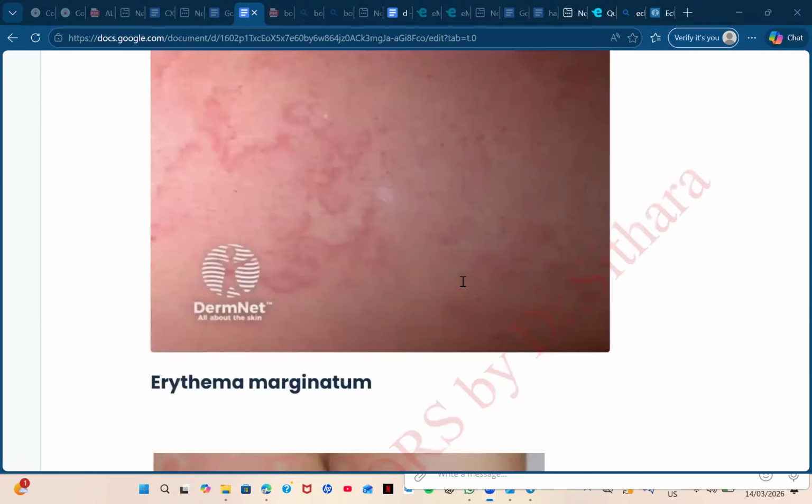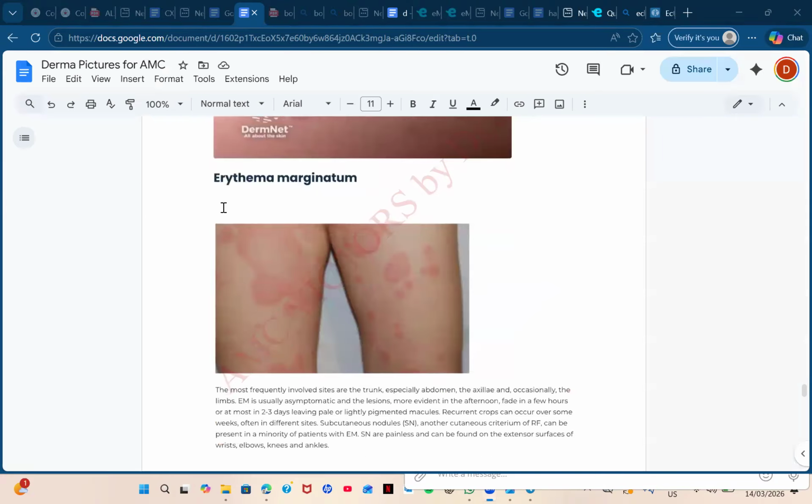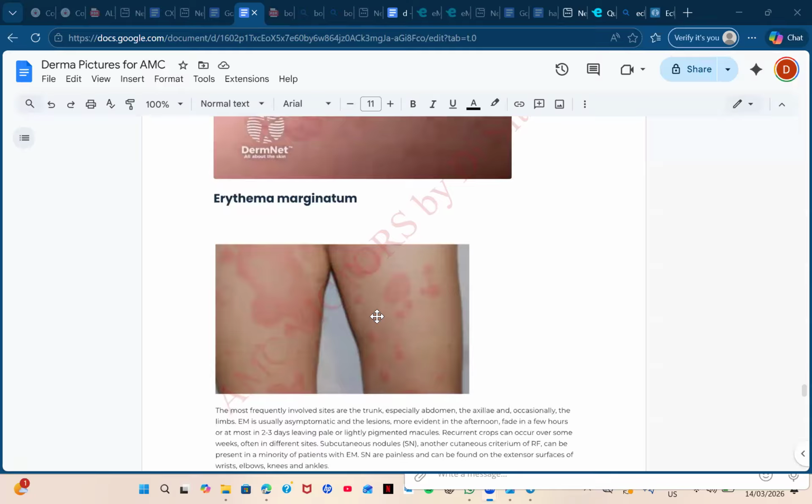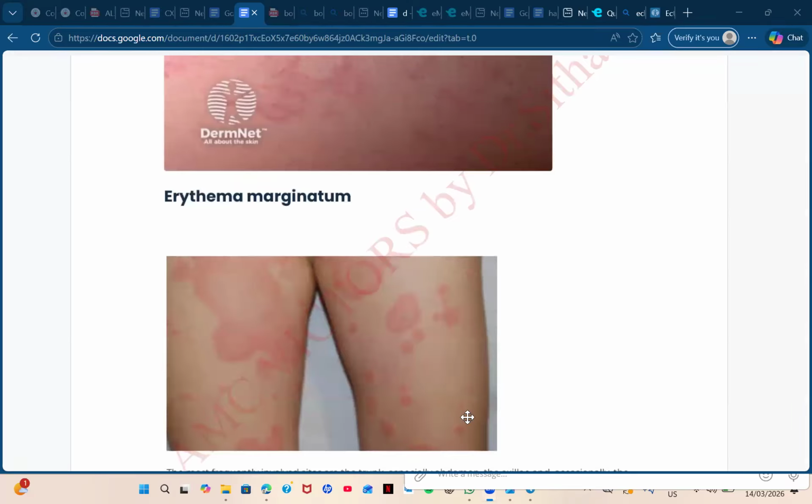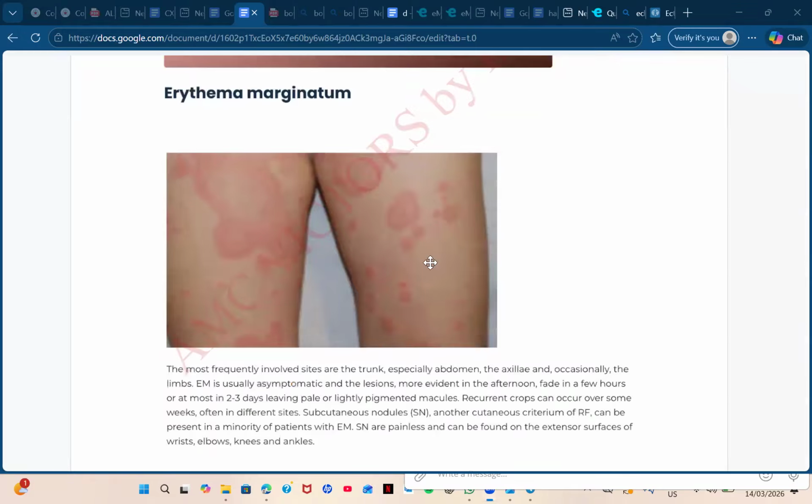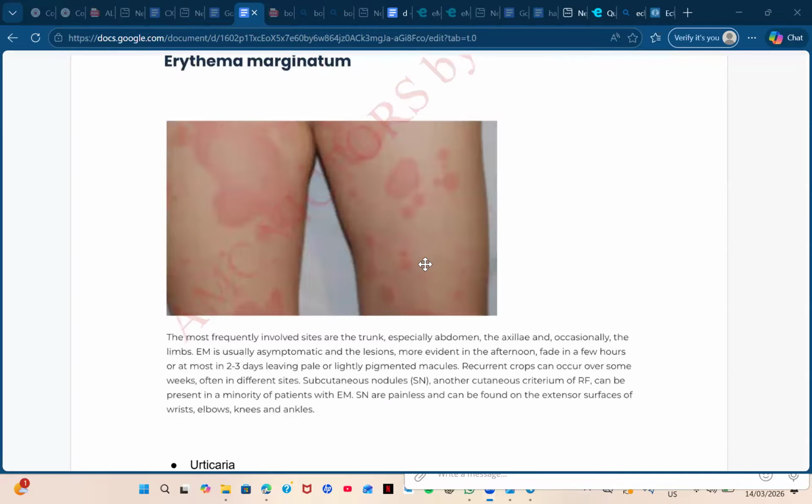So erythema marginatum, this is how it presents, right? Ring shaped, and here the central pale color you can see. Is it painful or not? It is not painful and not itchy.